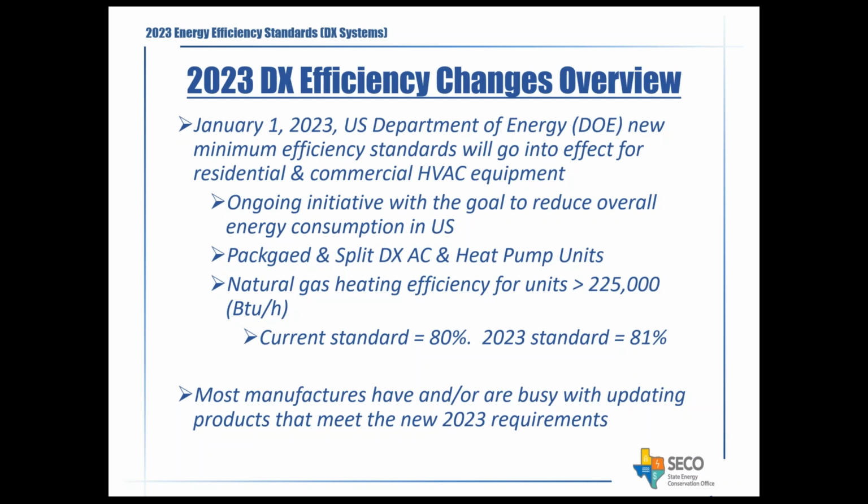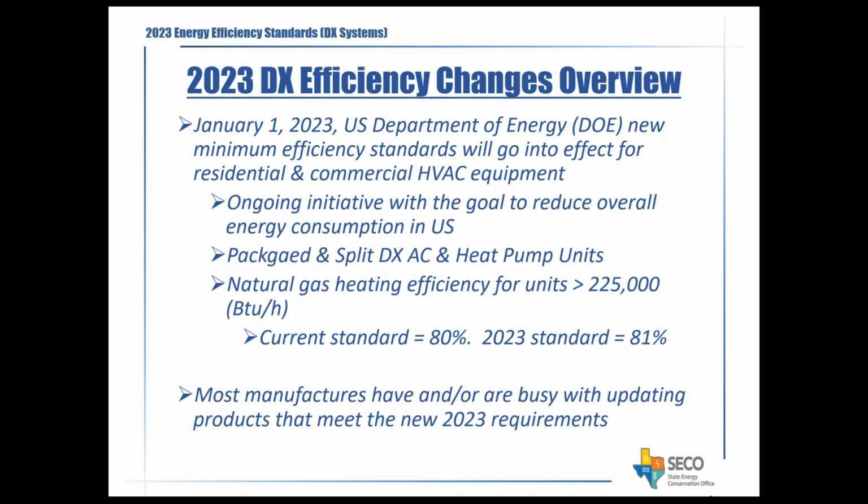On the natural gas furnaces and heating side, very minimal changes, primarily the natural gas heating efficiency for units that are greater than 225,000 BTUs. Their minimum efficiency, currently it is 80% efficient. In 2023, they will be required to be at least 81% efficient.